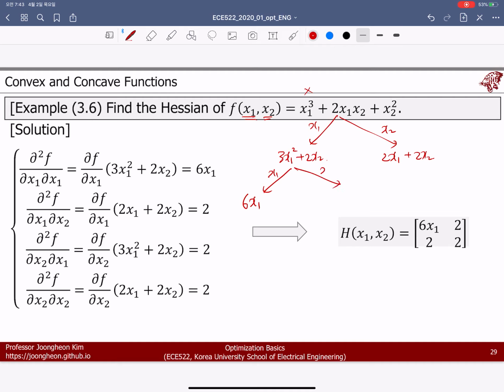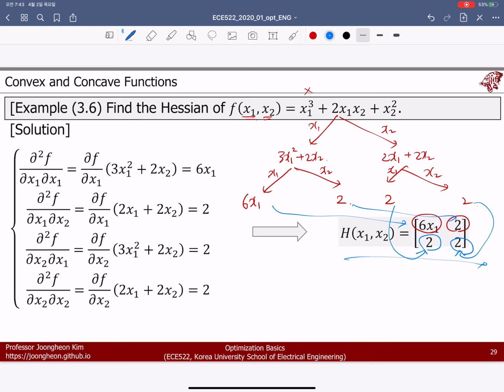When you take the derivation with x sub 2, it becomes 2. When you take the derivation with x sub 1, it becomes 2. When you take the derivation with x sub 2, it becomes 2. Okay, that's why it becomes 6 2 2 2. So this is the result of the Hessian.